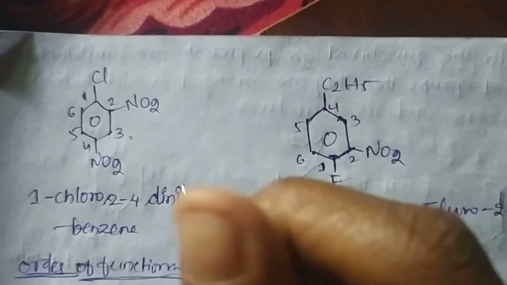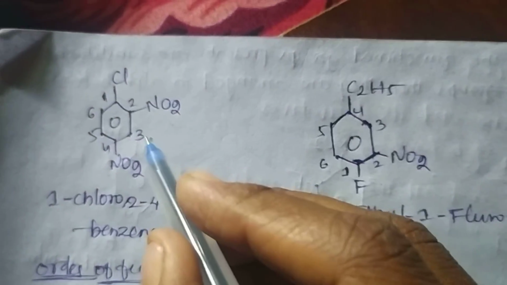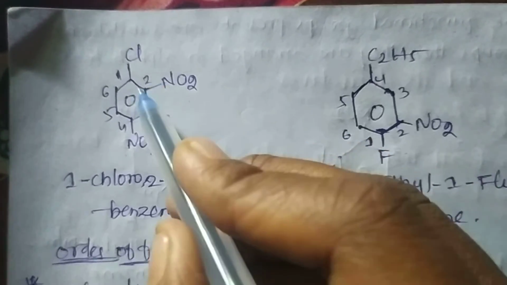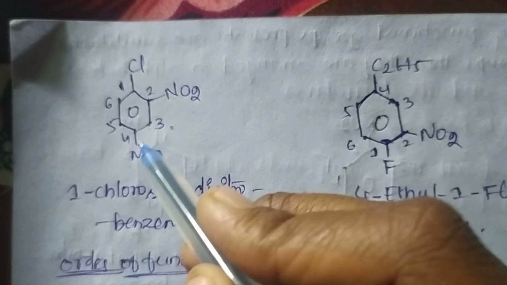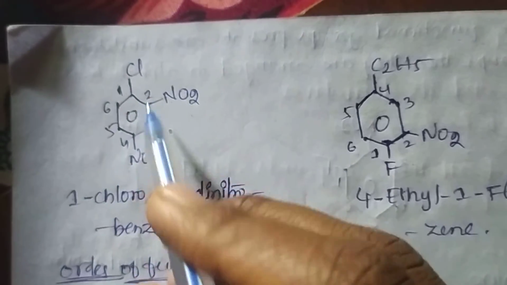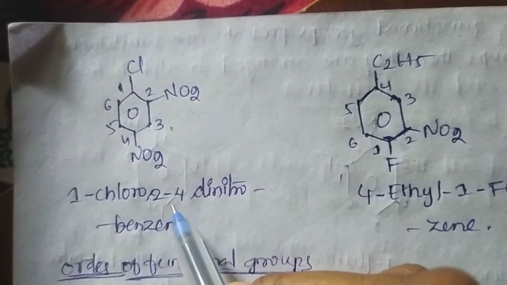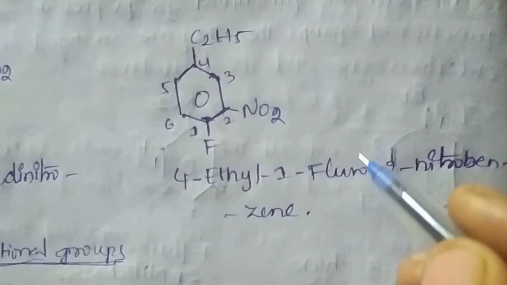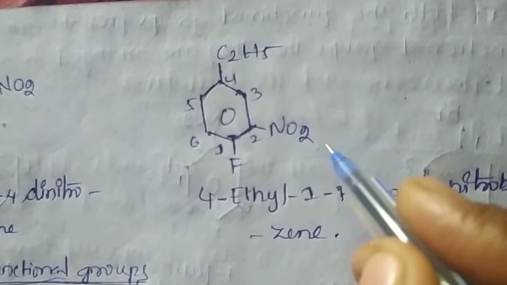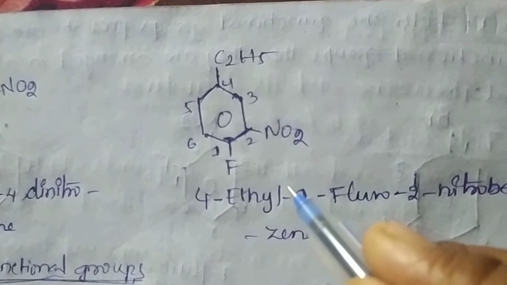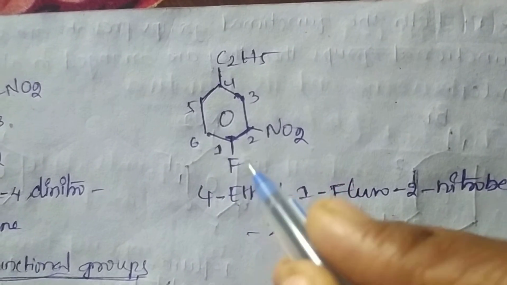So here consider the lowest numbering. In the first alphabetical order also we can give the lowest numbering. So chlorine is 1, 2, 3, and two nitro groups are attached. 1-chloro, the first position there is a chloro, 1-chloro-2,4-dinitrobenzene. And next here, ethyl and nitro groups and fluorine are attached. So first we consider the fluorine.